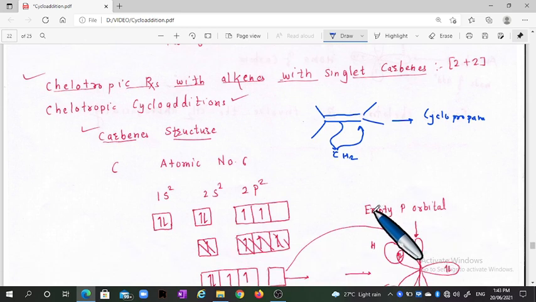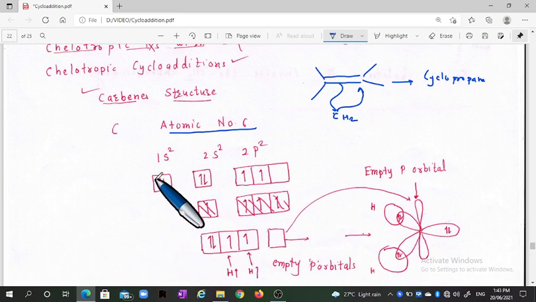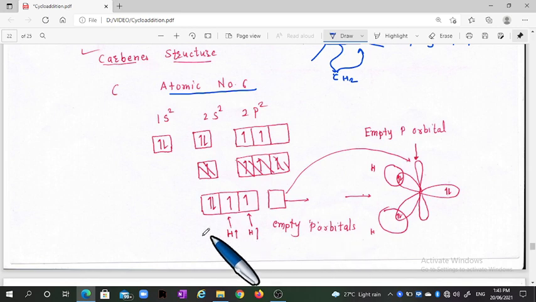For carbene, we know that carbon has atomic number 6, therefore we can fill these 6 electrons: 1s2, 2s2 and 2p2. Now the carbene is an sp2 hybridized system. Therefore, this s orbital and two 2p orbitals will combine, and one empty p orbital remains as it is.